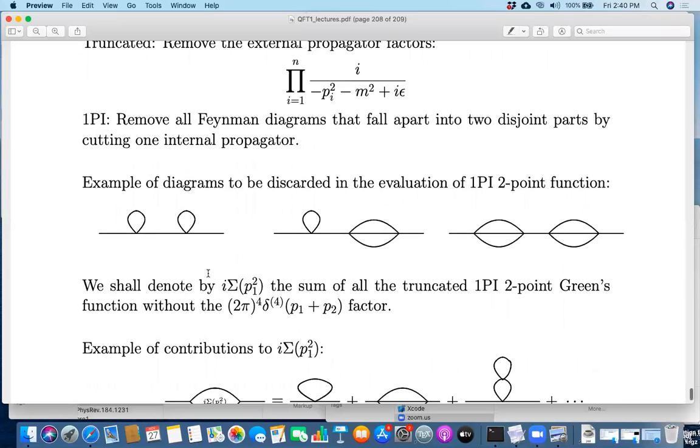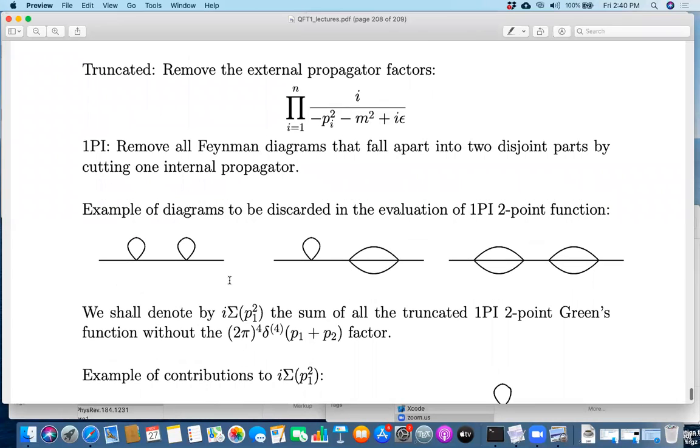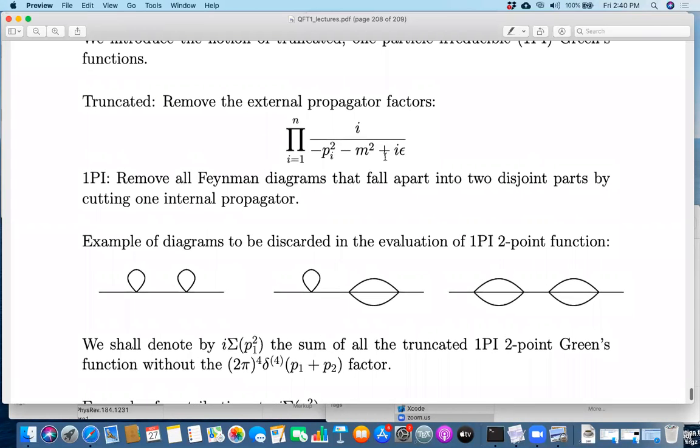So what do you mean by truncating that part? Just ignore this factor, or divide out by this factor. But on what grounds are we doing that? No, we are just defining it. We are not going to try to change our Feynman rules.